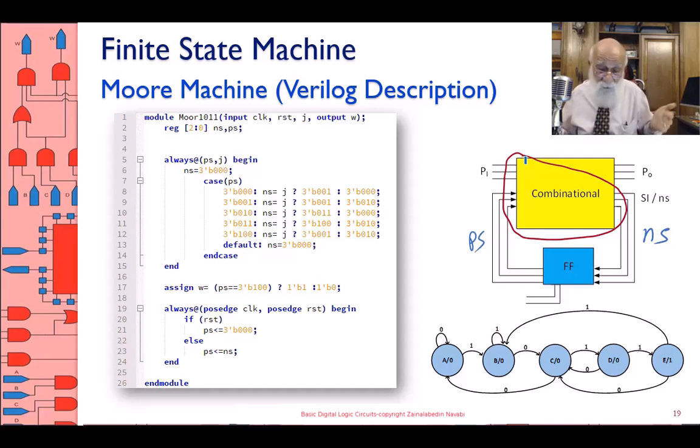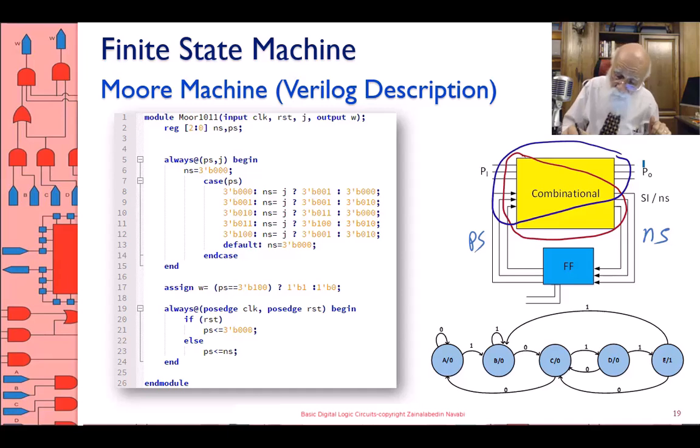I also have a combinational part that corresponds to the output. That too has the present state and the primary input as input, and then the output becomes the primary output. So this is my W in this example.